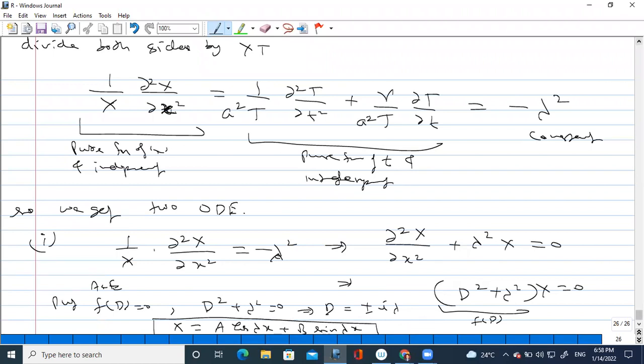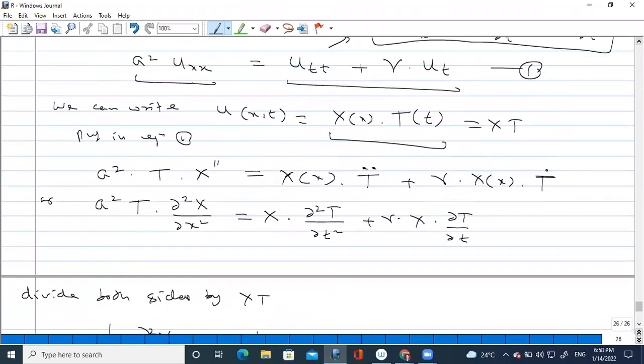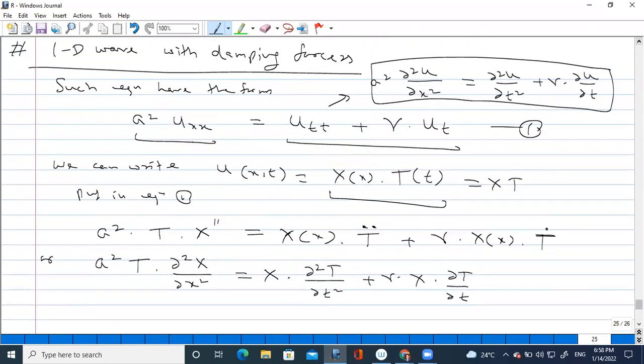Note down this. Previous page you also want, no? Note down this quickly.